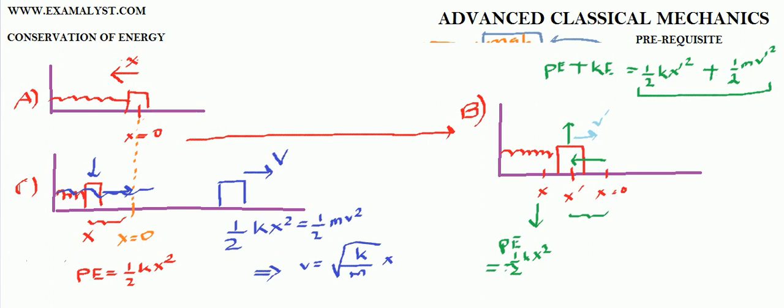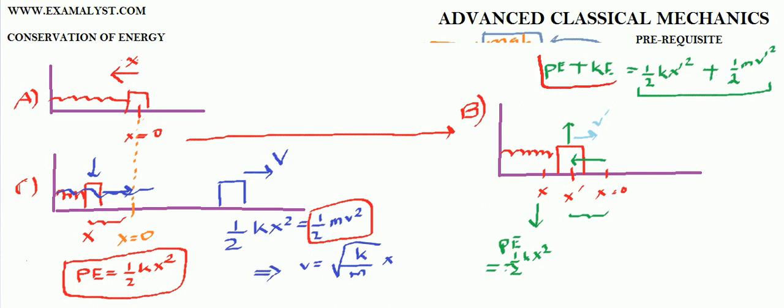So you see, in case 1, the mass has only potential energy because it was completely compressed. In case 2, when the mass got out of the spring's clutches, it has only kinetic energy. And in case 3, when the spring and mass were not completely detached, it had both kinetic and potential energy. And let me tell you one thing: the conservation of energy says that all these energies are the same. The total energy is always the same.